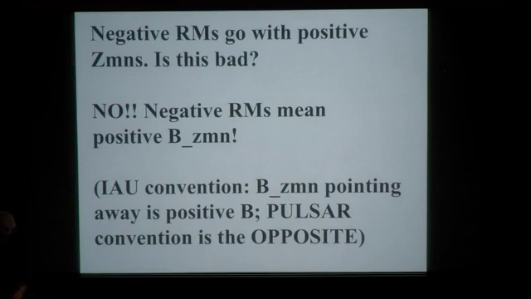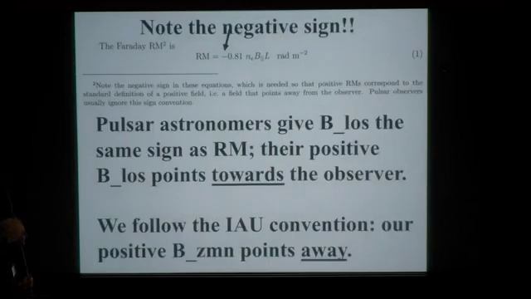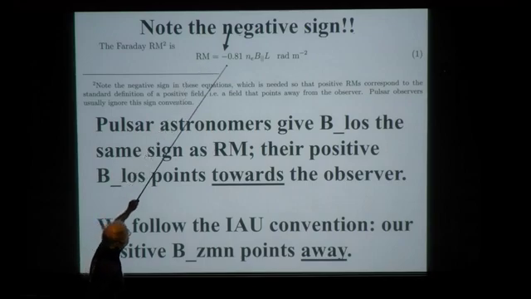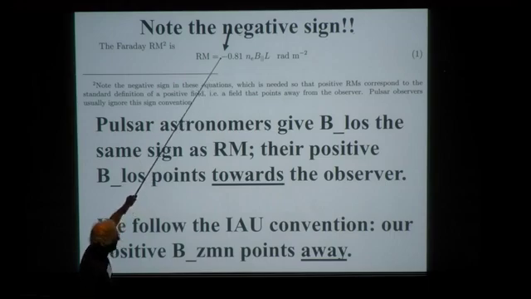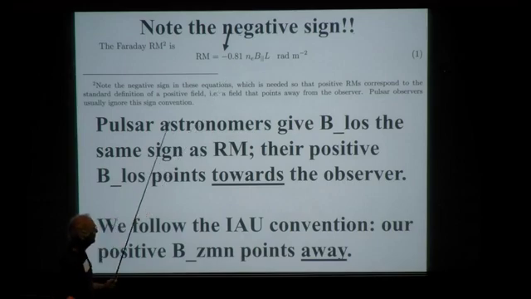And when we define magnetic field according to the IAU definition, a positive field points away from us, just like the universe is expanding with positive velocities. And if you write the equation, then the rotation measure is negative n_e B_∥ L. Everybody always forgets this minus sign because the pulsar astronomers don't use it, and they're the ones who write this equation most often.